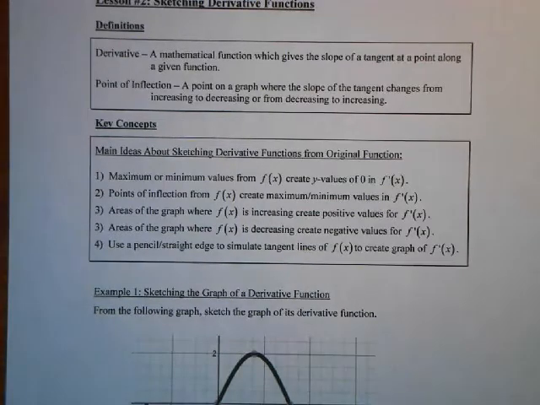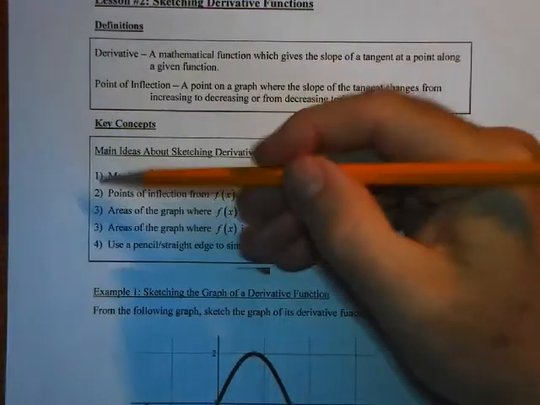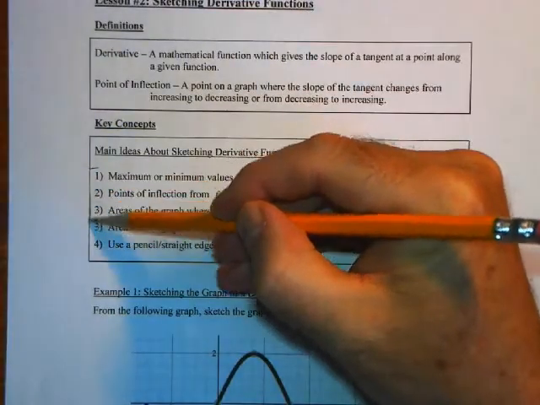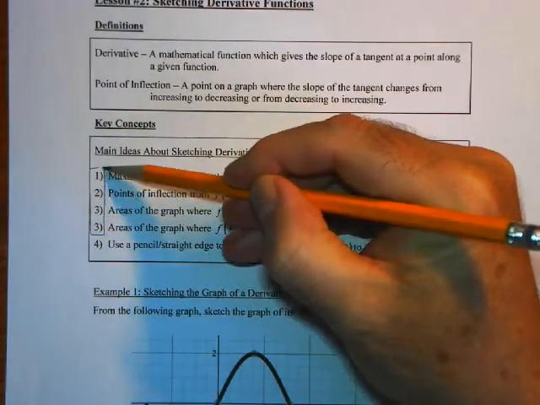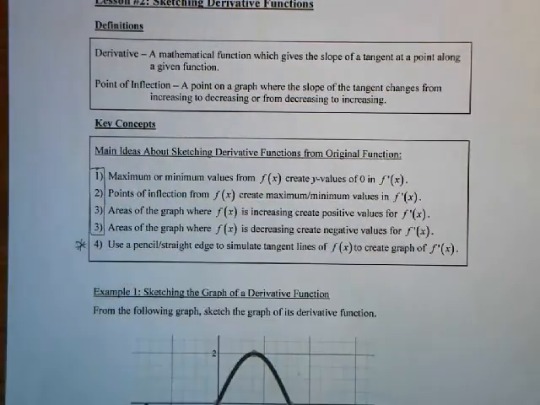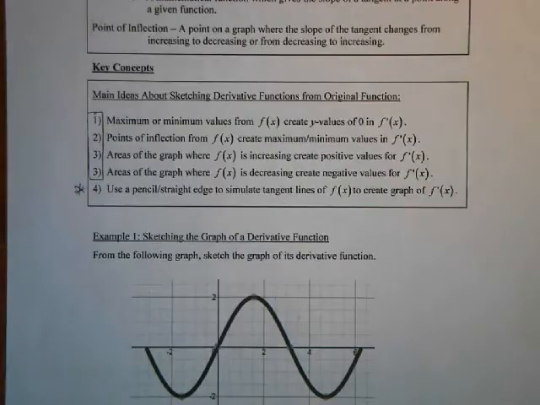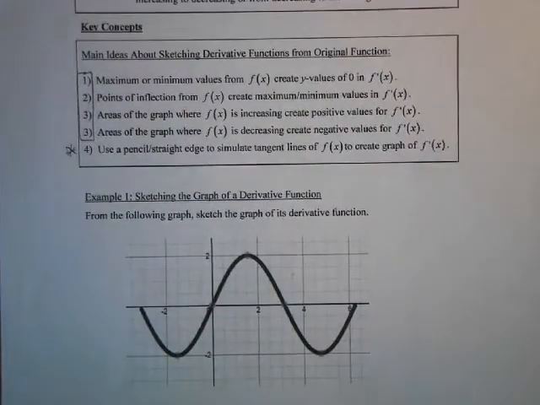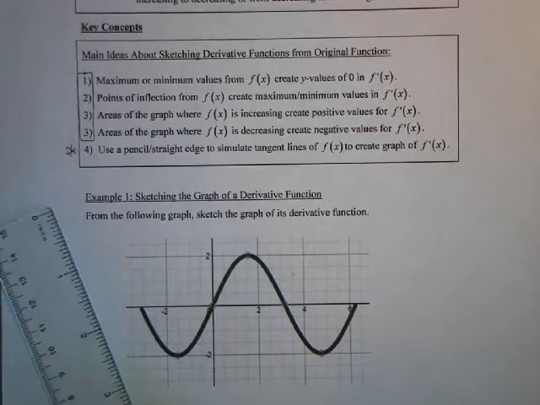Okay, so these first four points here are really the steps you would take. This last one is more of a tip, so I'll talk about that first, even though it's the last thing mentioned. It's a good idea to think about this process using either a pencil or a straight edge.